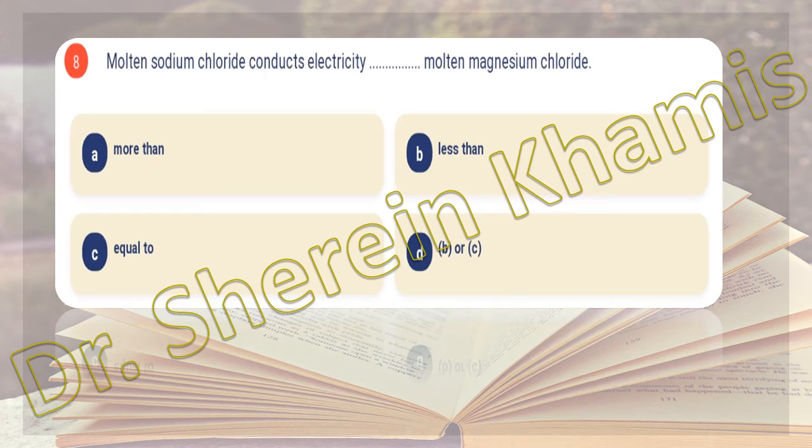The difference in electronegativity between sodium and chlorine is very high compared to magnesium chloride. So the ionic compound sodium chloride will conduct electricity greater than magnesium chloride, or more than magnesium chloride. Let's go to question 9.